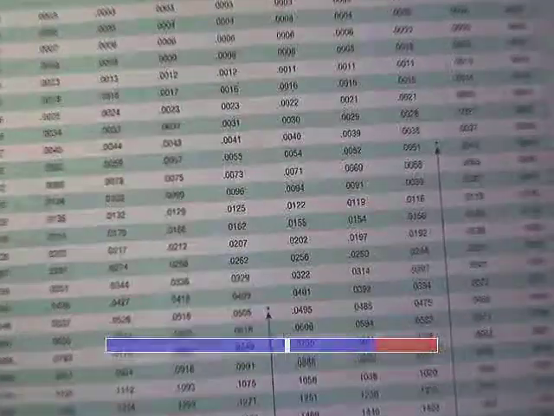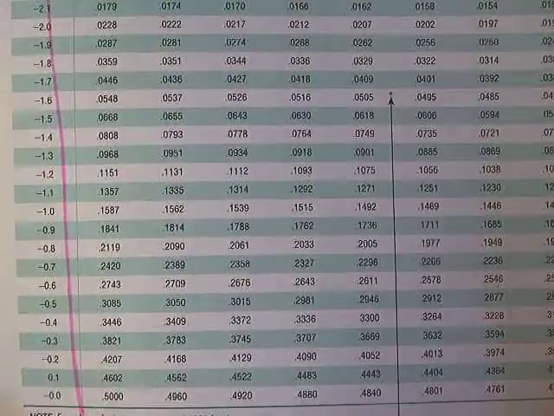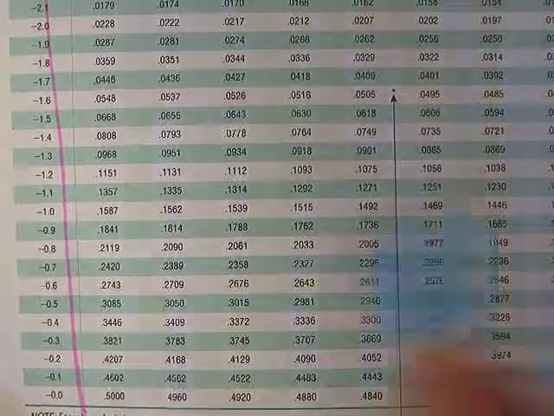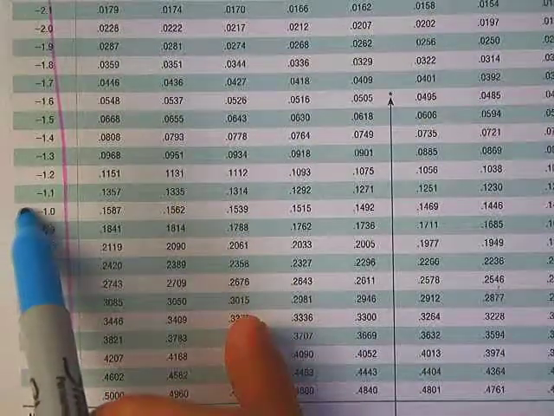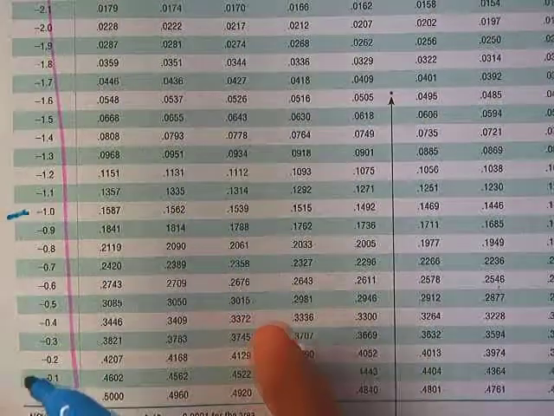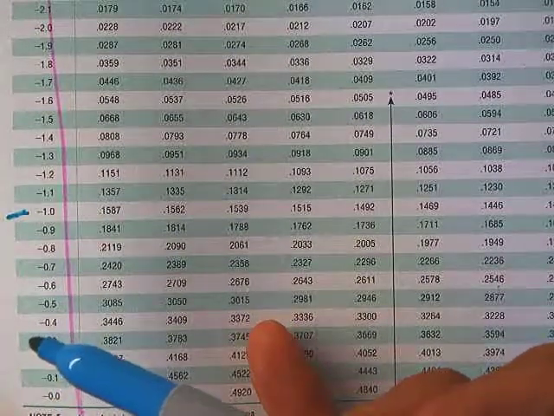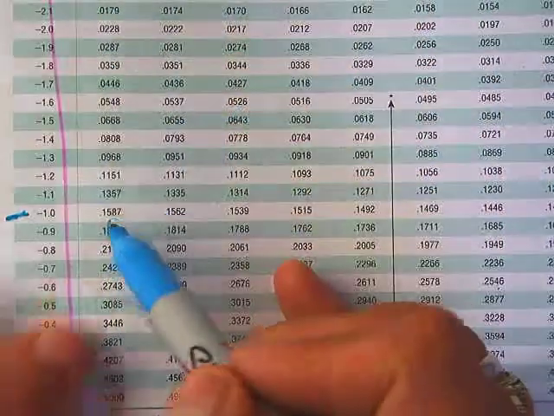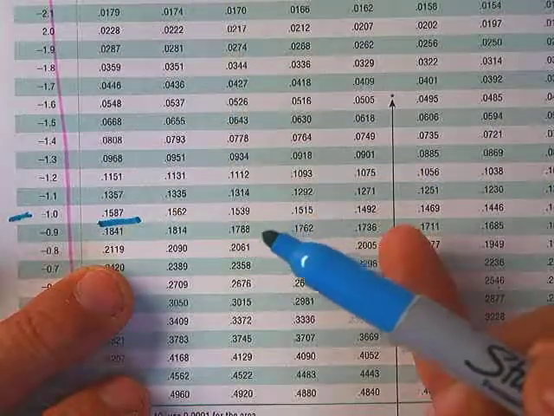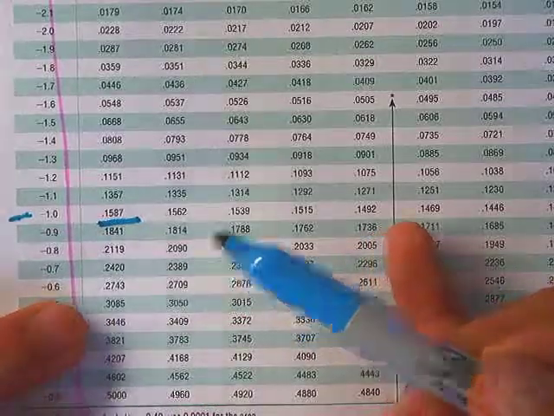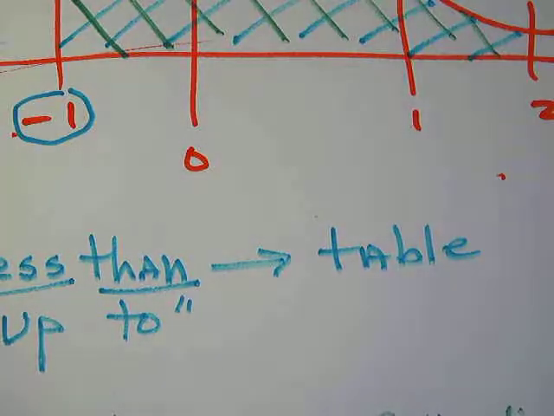Now, if we don't know what that is, we're trying to find it. So what do we do here? Well, we find -1 in our handy-dandy negative z-score table. Negative because it's a negative number. So -1. Okay, I'm going to blow it up so you can see it. Dang old technology.